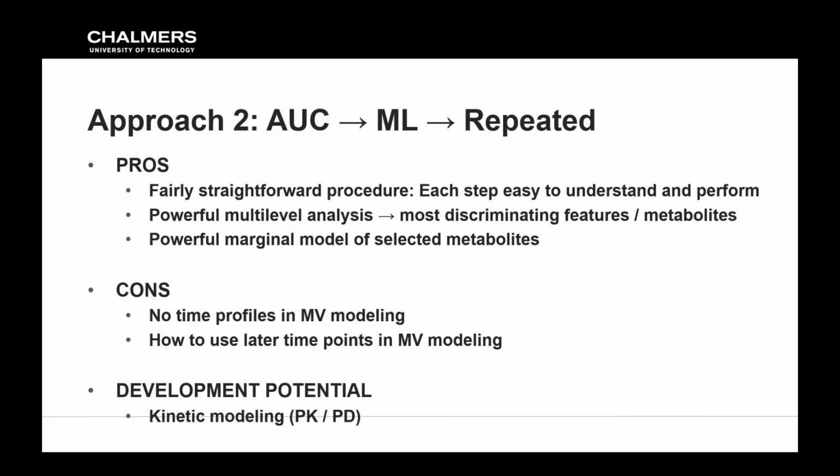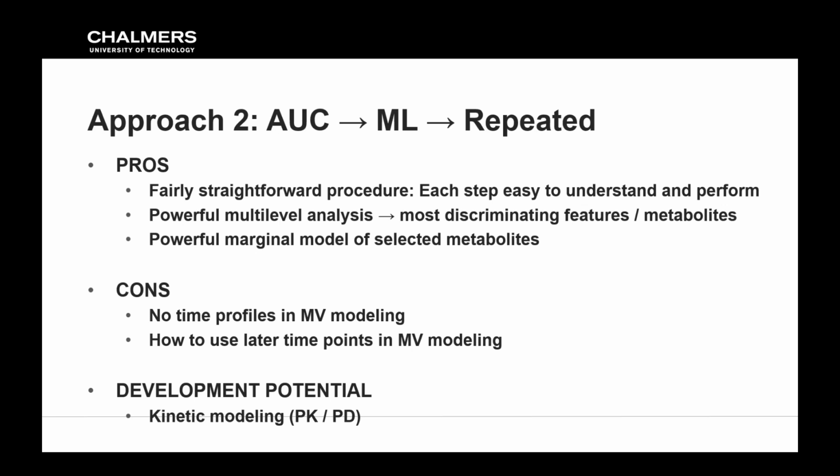But on the downside, there's of course no time profiles in the multivariate modeling, and also the fact that we did not use the 12, 24, and 48-hour time points in the modeling because, well, it's really quite tricky. How do we deal with this situation? And of course, there's a development potential to do more non-parametric kinetic modeling instead of doing the repeated measures and so on.